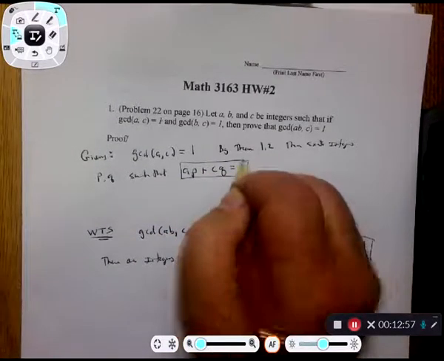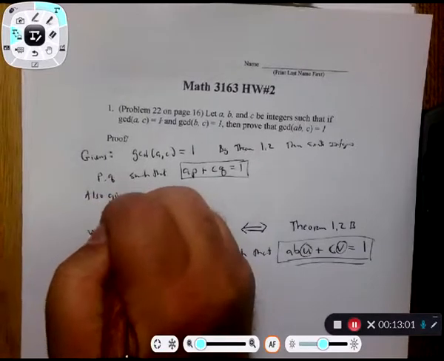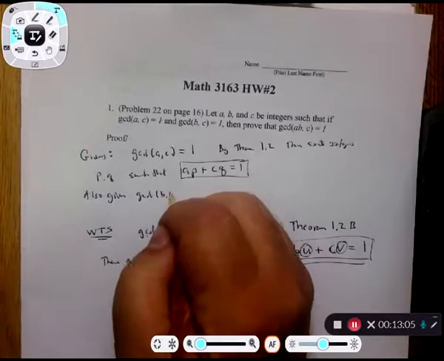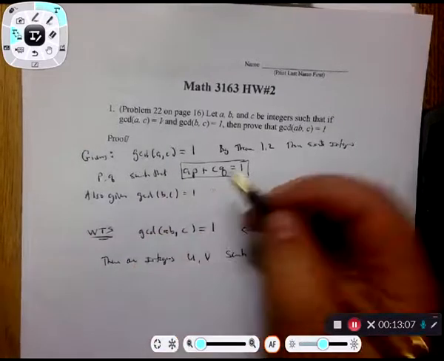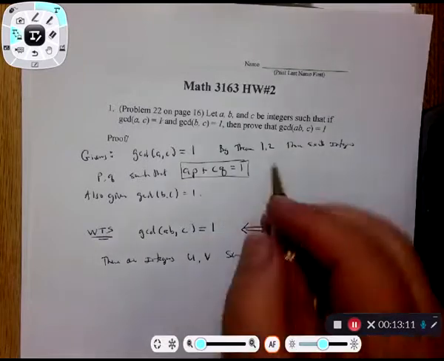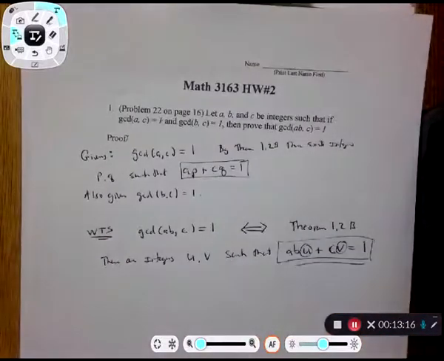I got an equation. Also given that GCD of B and C is equal to 1. And again, when they're relatively prime, you only got one thing, and you can quote Theorem 1.2 or 1.2b, because 1.2b actually goes both directions.